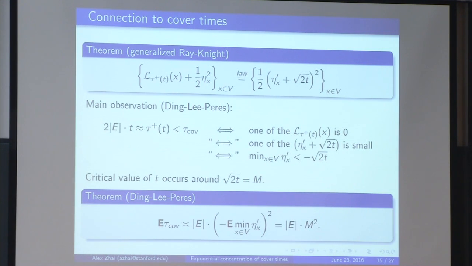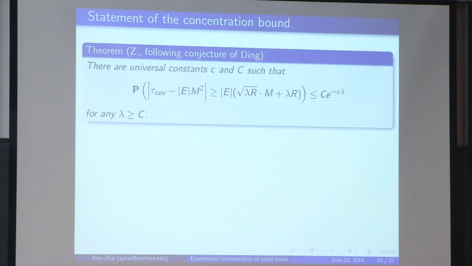Yes, so it's an arbitrary graph. It is somewhat relevant whether root r is much less than m, which we'll see a bit more about later. The sharper result that we're going to prove, following a conjecture of Ding, is this here.